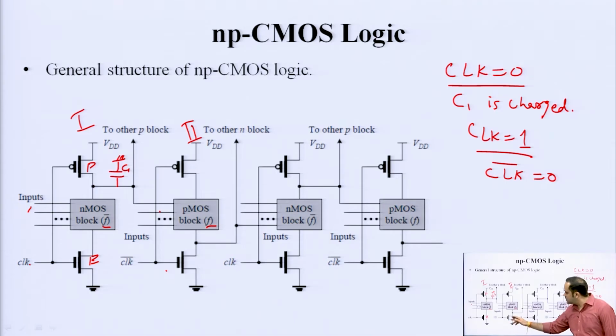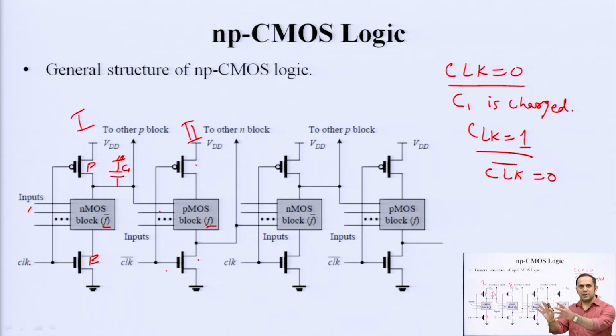So, this NMOS is now off, and this PMOS is now on. Because this being on, there is a path here to VDD, whatever output is coming here and this is coming here and this is coming here, and this being off, there is no evaluation here.